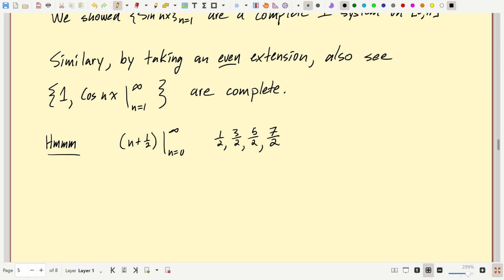So completeness means I have enough to expand any function in terms of those functions. If I skipped 1, I wouldn't have enough. Just 1. Oh, I think I'm going to get confused here.